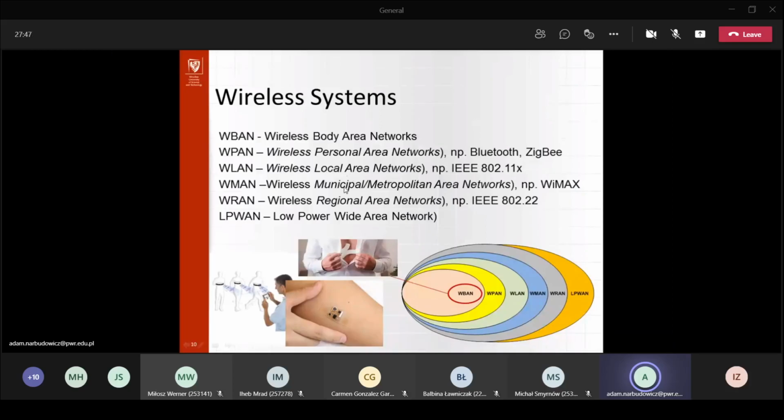Now, we can, of course, increase that to include larger size. And then we end up with wireless metropolitan area networks, so a bit larger area. There used to be a WiMAX standard, but it is sometimes still used. Well, it was supposed to be a game changer. Apparently, it's not as widely adopted as it was initially expected.